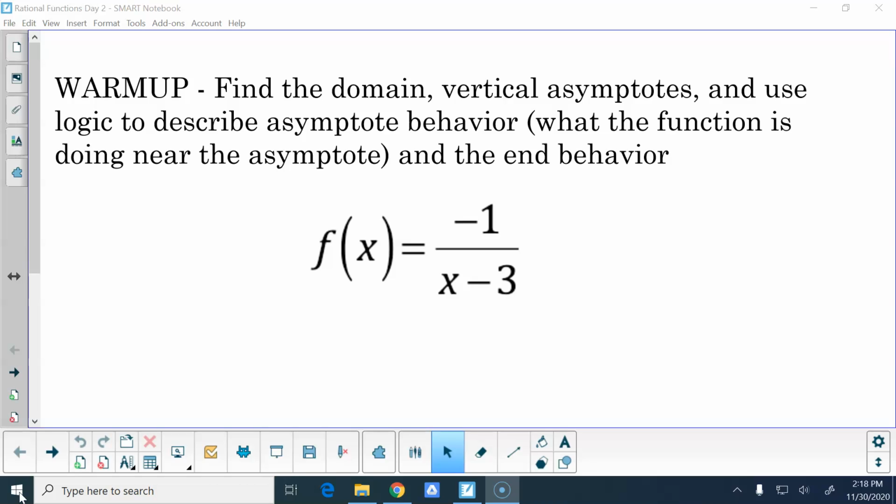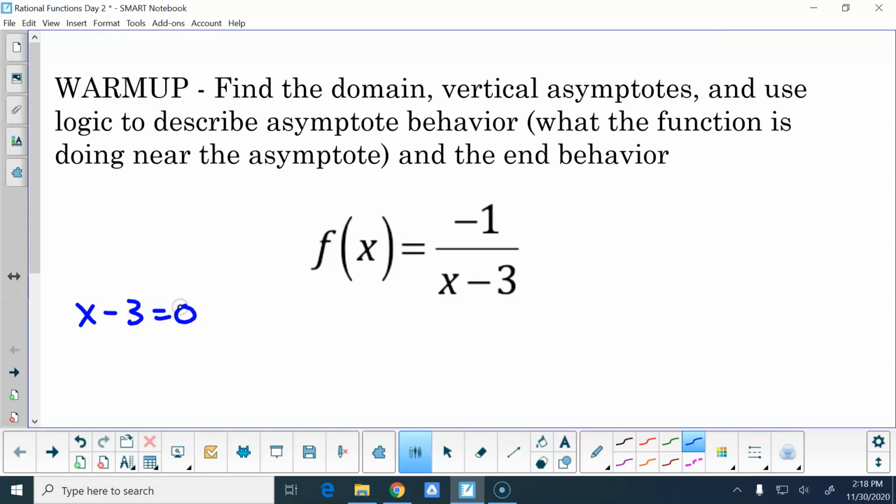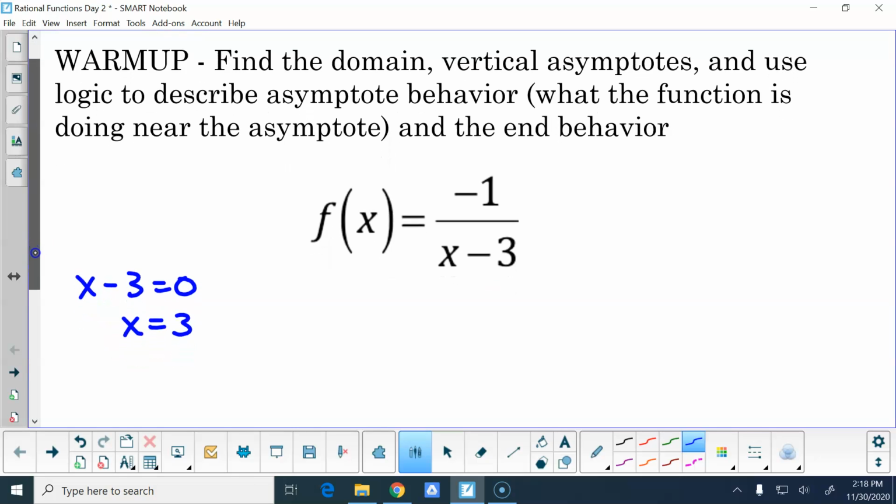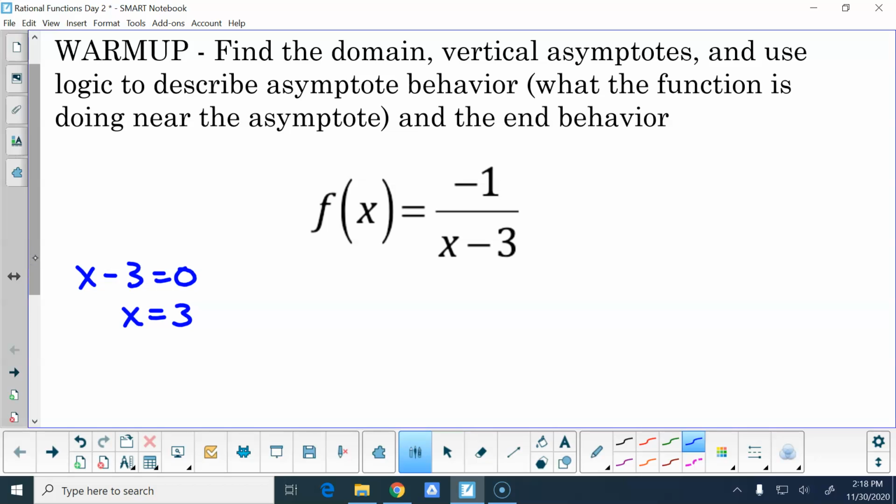All right, so welcome back. What we've got here is, we look at x minus 3. We set x minus 3 equal to 0, and we get x equals 3. So the domain of this function would be all real numbers with the exception of x cannot equal 3.